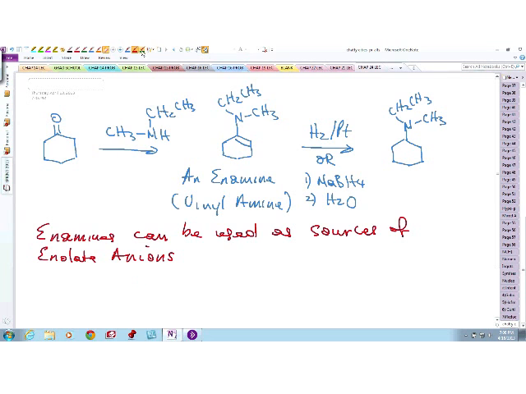Now, because of what happens here, if you take, for example, let us say we take this ketone here, and we take this molecule here called pyrrolidine, which is commonly used, we will form this enamine because that is a secondary amine.